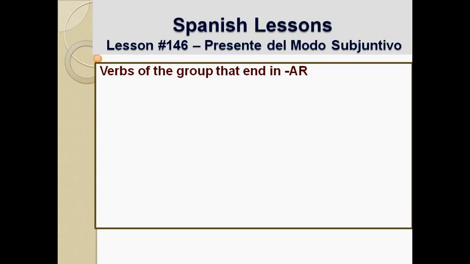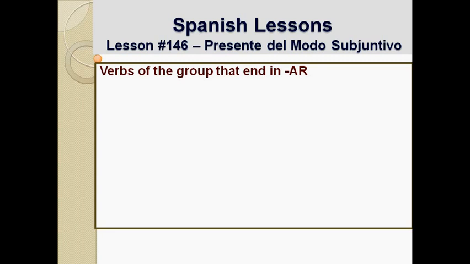Okay? So Spanish verbs, as you well know, are divided into 3 big categories, right? The verbs that end with the letters AR, the verbs that end with the letters ER, and the verbs that end with the letters IR. Each one of those groups of verbs has its own rules, right? That's why we learn separately how to conjugate for each one of those groups.